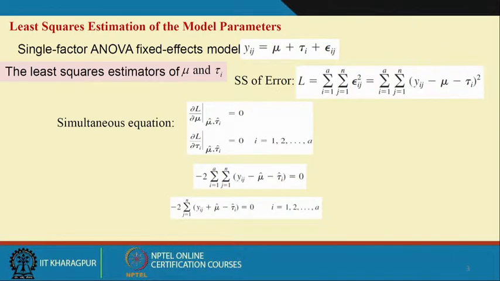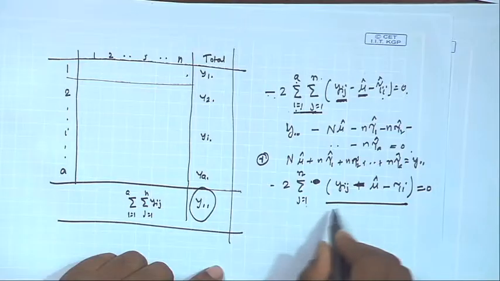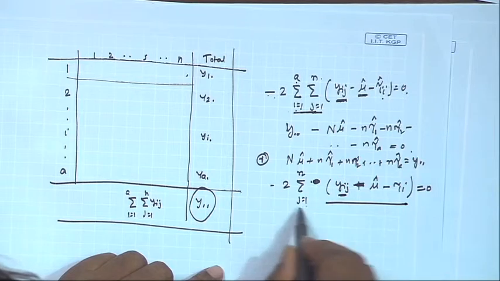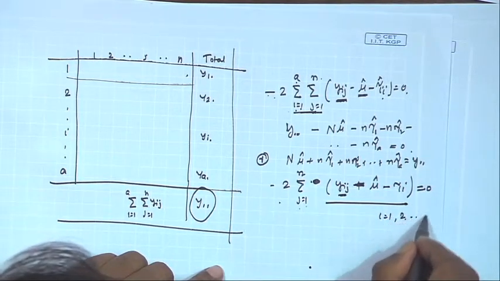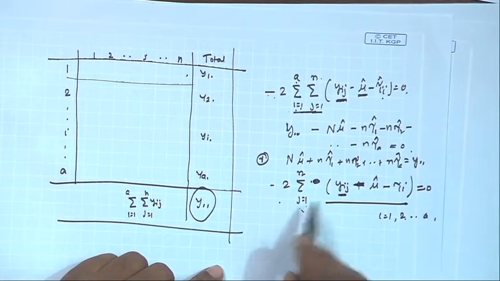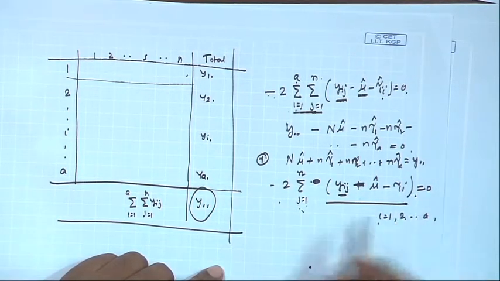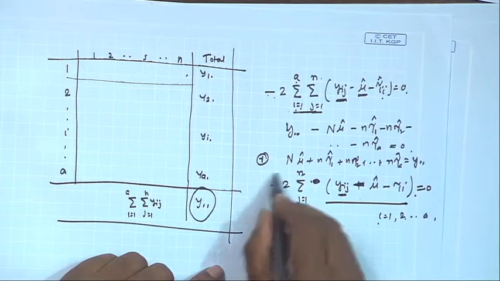Okay. So what is happening here then? This is minus. So using this equation, what are you getting? Suppose here i equal to 1 to a. If I put i equal to 1, what will I get? This will go out.